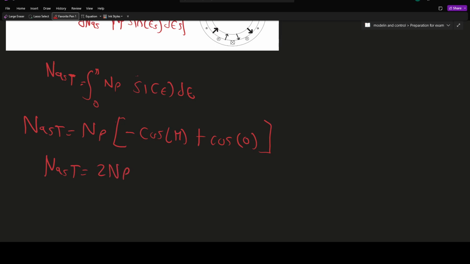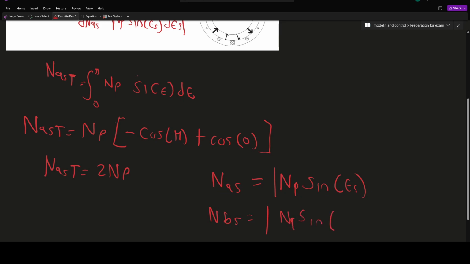Okay, so this is for our phase A: N_P sine epsilon s. For phase B, it's just 120 degrees shifted, so we have epsilon s minus 2 pi over 3.